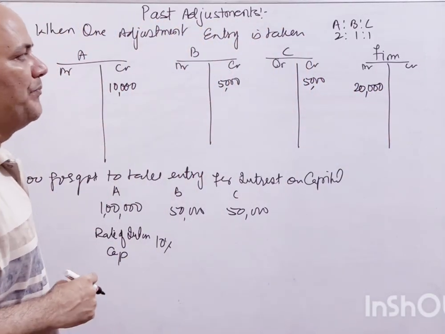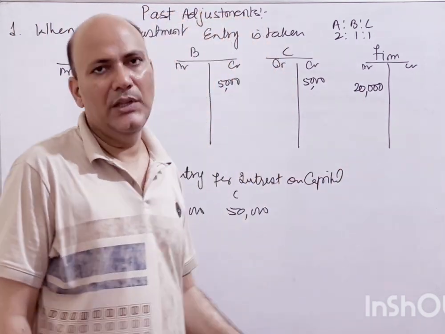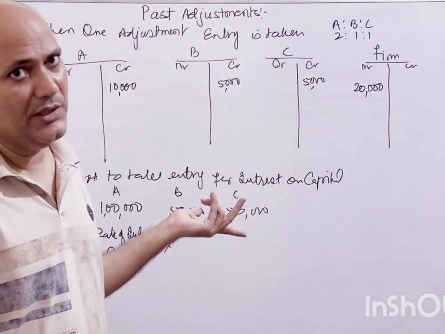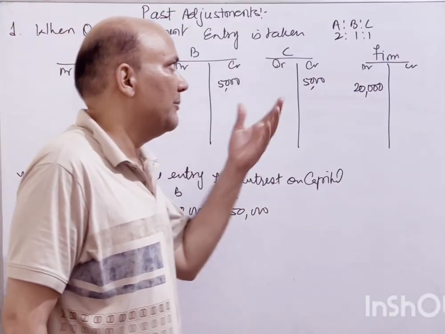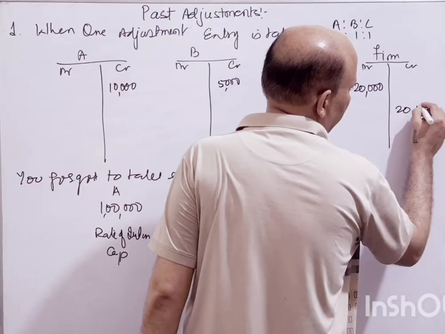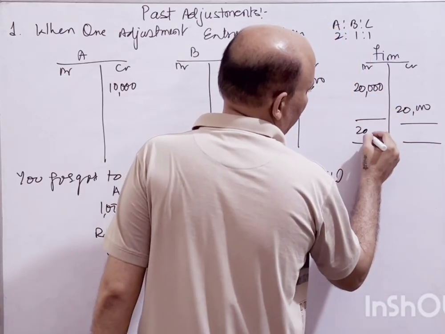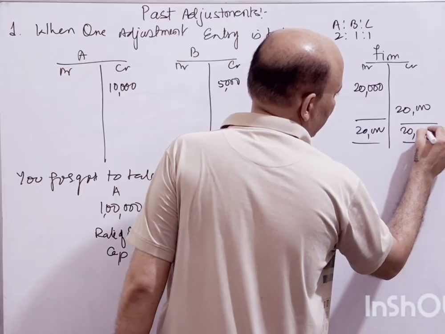Now this 20,000 which is being debited to the partnership firm needs to be distributed among the partners as well, because the firm is the partners' and the partners are of the firm. So 20,000 will be credited here because we are setting off the 20,000 rupees debit to partners. So that is equal.